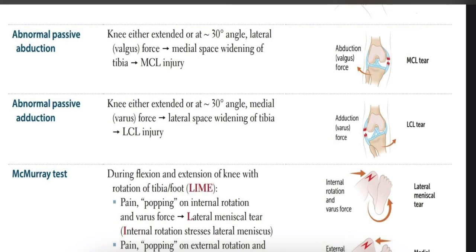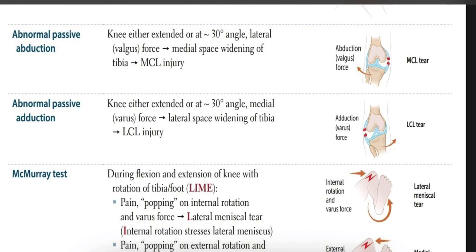We apply a valgus force from the lateral side at 0 degrees and 30 degrees of knee flexion. In a positive test, we see medial space widening and medial collateral ligament injury.